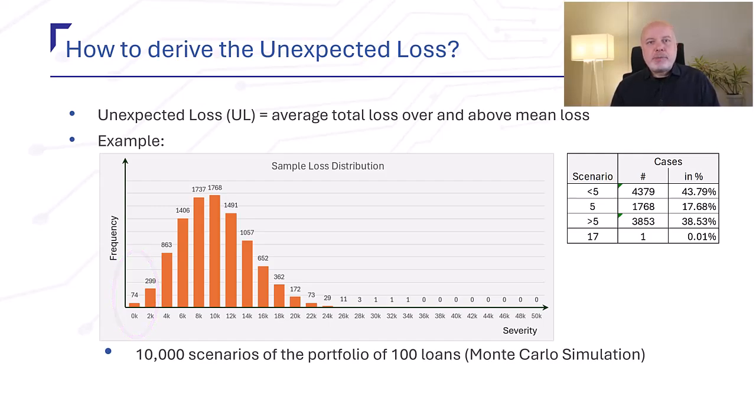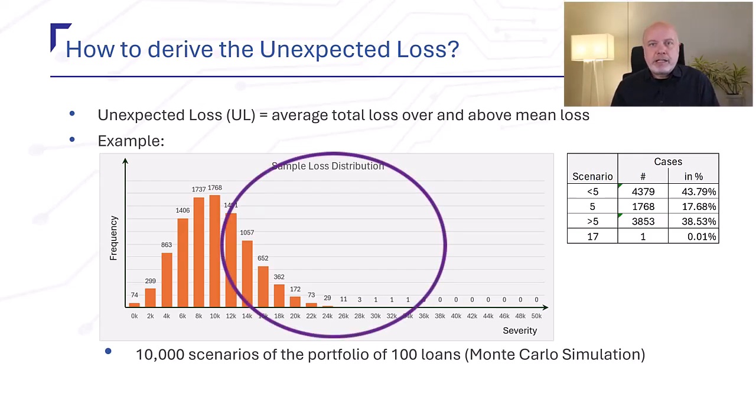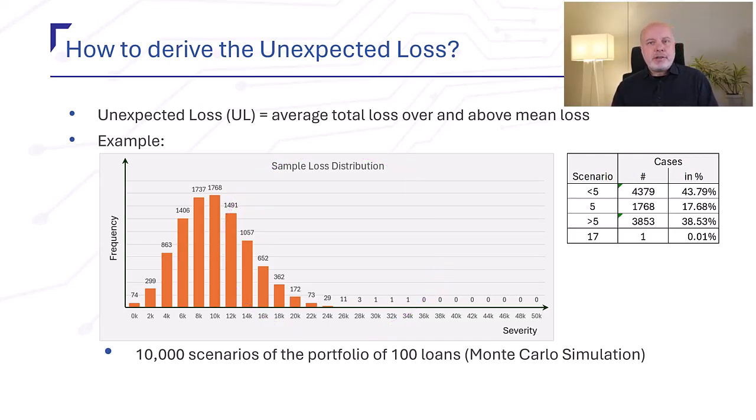And there have actually been 4,379 years in which less than 5 loans defaulted. But there have also been 3,853 years in which more than 5 loans defaulted. And there's another observation. The distribution of these losses is not fully normal, but rather skewed, also known as log normal. Because actually in our observations we have seen that there was 1 year in which 17 loans, 12 more than expected, defaulted.